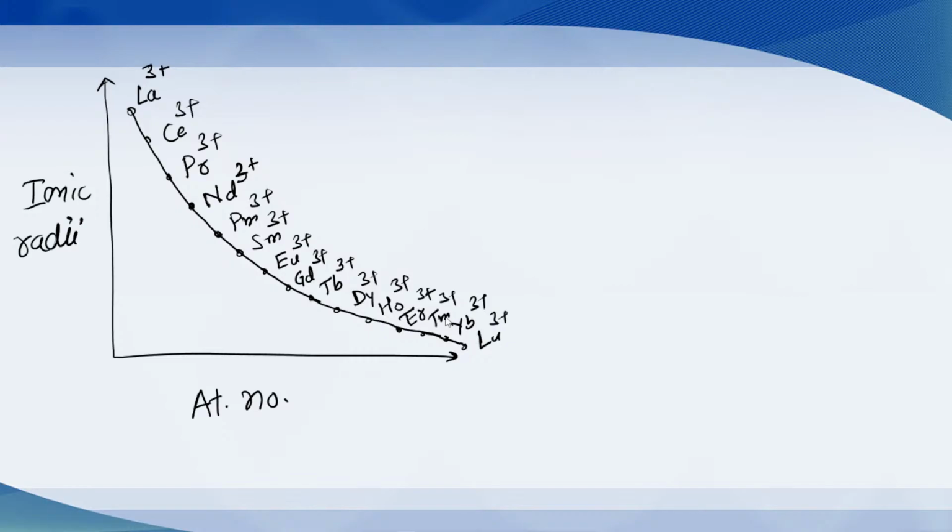So in this way there is a decrease in ionic radius, and this is called lanthanoid contraction.